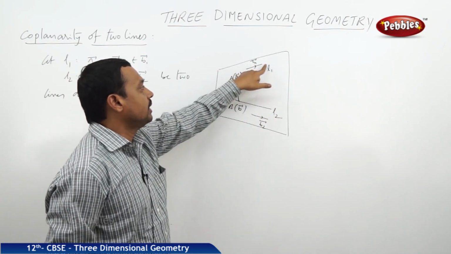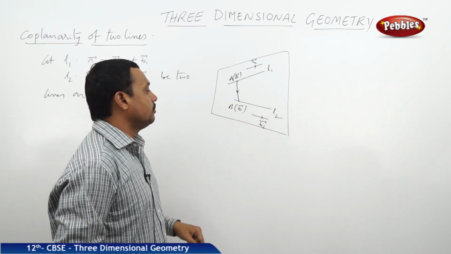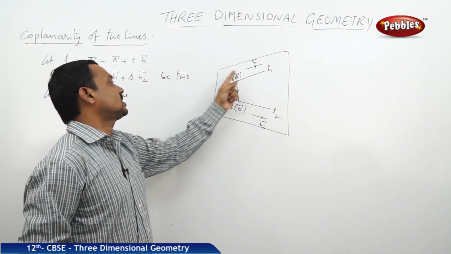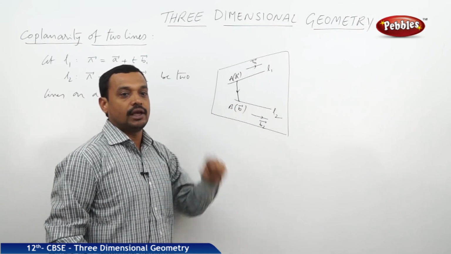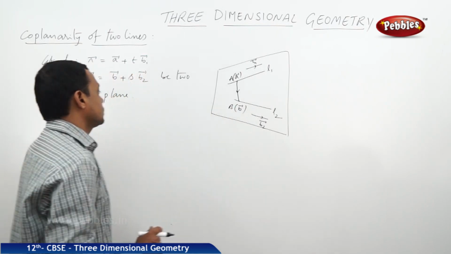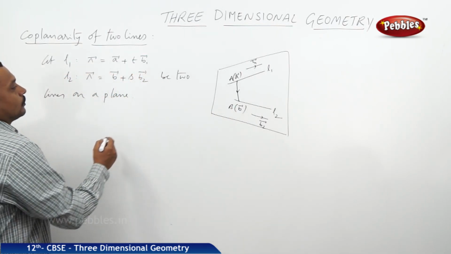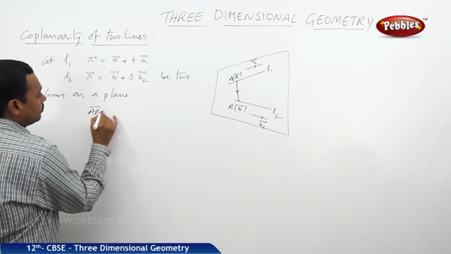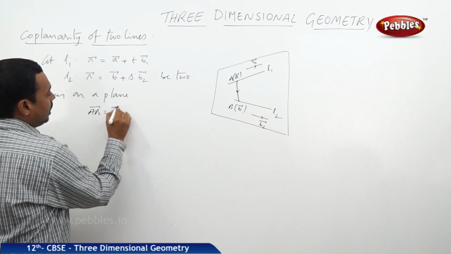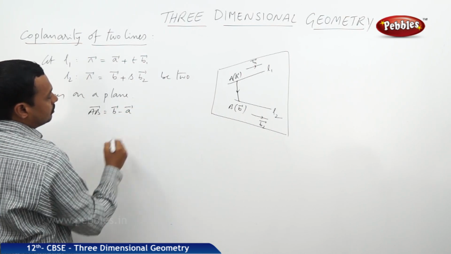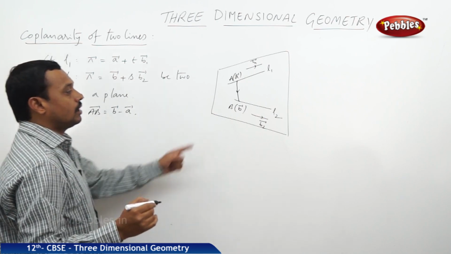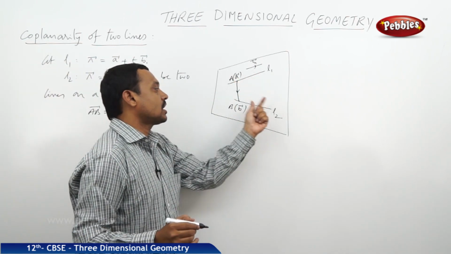One is b1 vector, second one is b2 vector and AB vector. Now these three vectors are on the same plane, hence they are coplanar vectors. Now AB vector is equal to b bar minus a bar, and b1 vector, b2 vector are on the same plane.